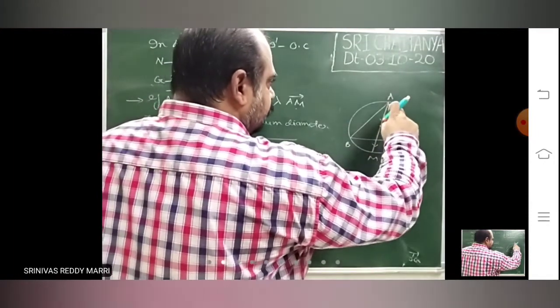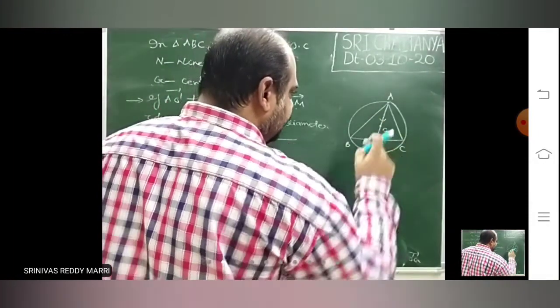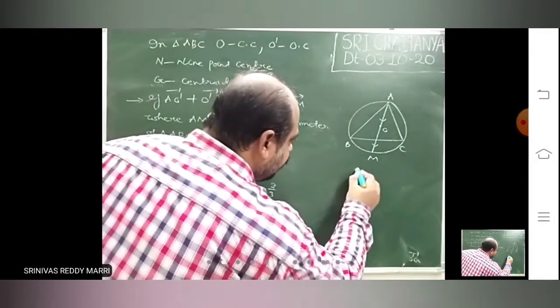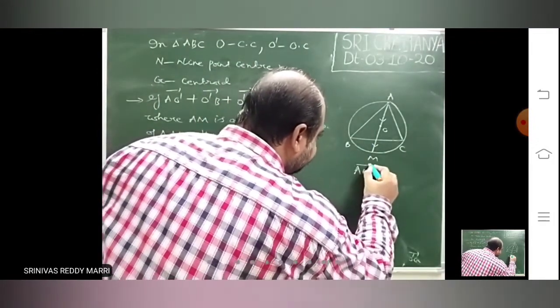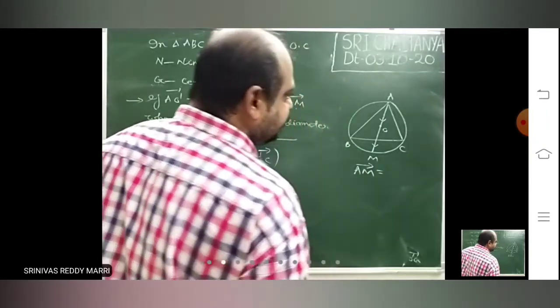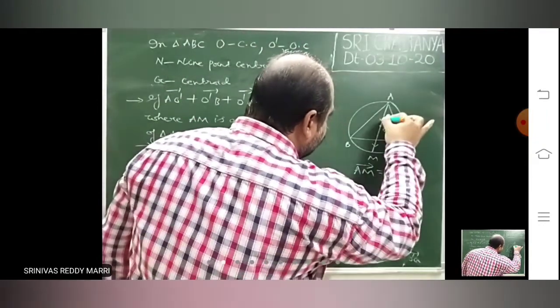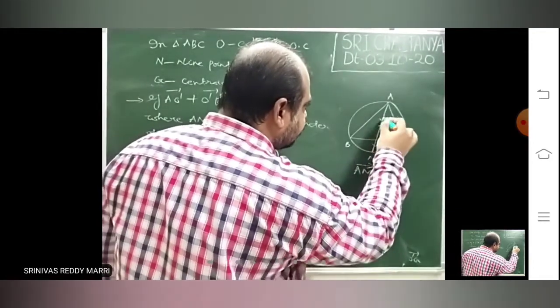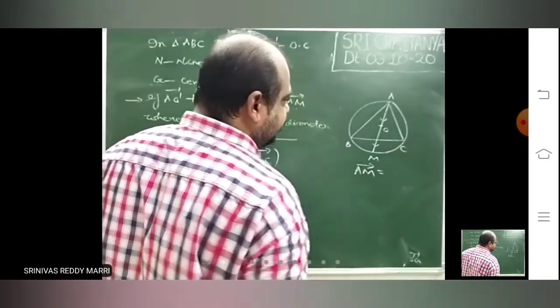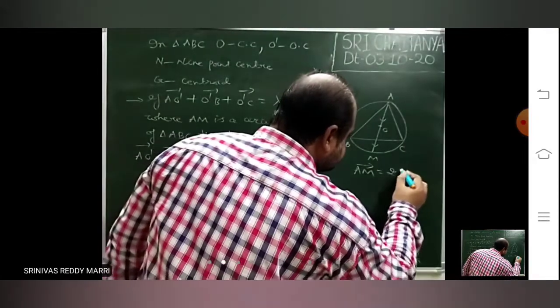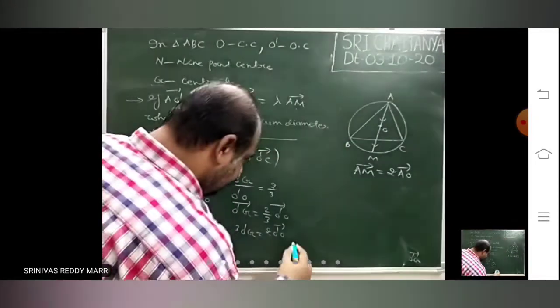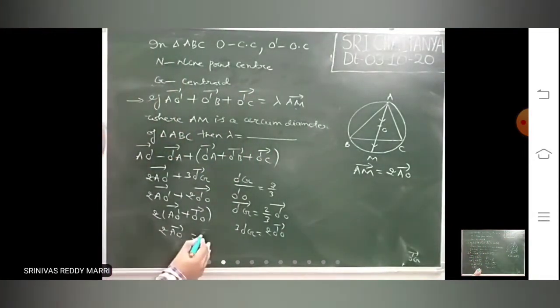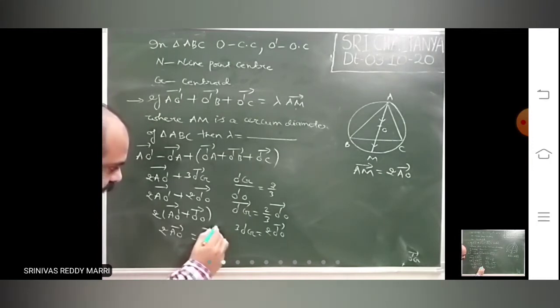AM bar is twice its length and has the same direction. AM is a diameter, so this length equals this length, the radius. That means twice AO bar is nothing but AM bar. Therefore, lambda is 1. Like that relation.